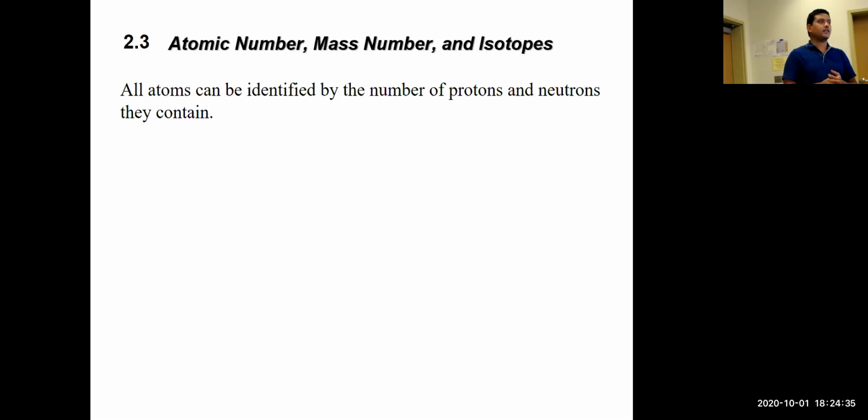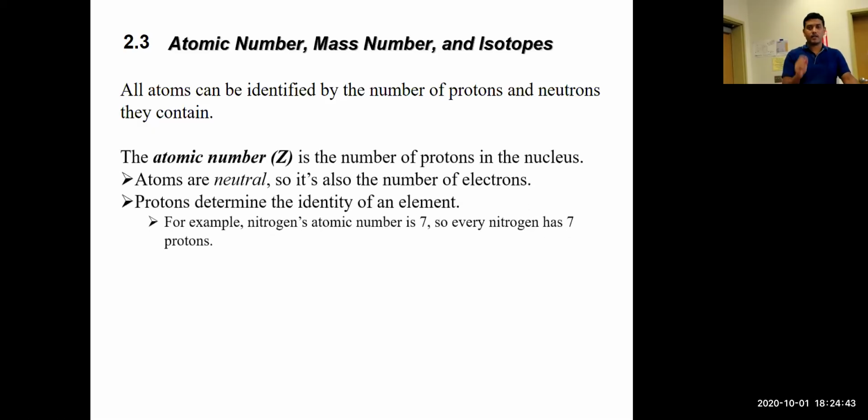As it said here, all atoms can be identified by the number of protons and neutrons they contain, but specifically the number of protons an atom contains is used as its identity that we call its atomic number. It's directly calculated from the number of protons it contains. Basically, as it says here, atomic number is the number of protons present in the nucleus.